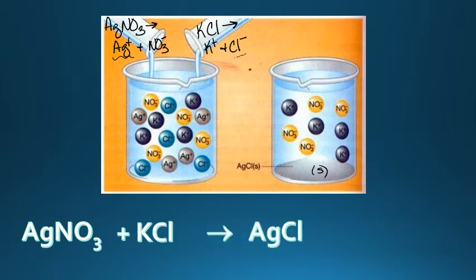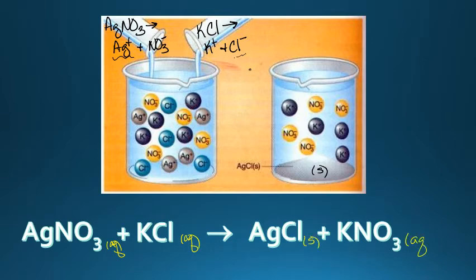So you end up with silver chloride, leaving potassium and nitrate ions floating around in the solution. So if I were to actually write this the way it should be, silver nitrate is aqueous. Potassium chloride is aqueous. Silver chloride is your solid. And potassium nitrate is aqueous.